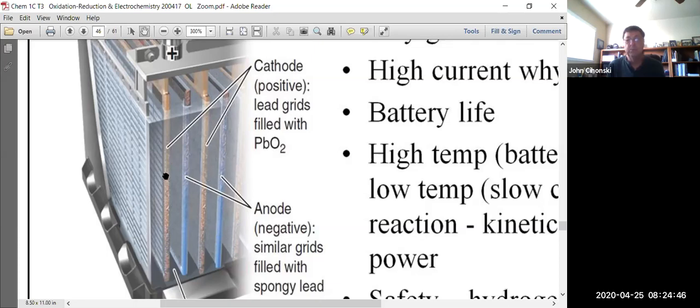And then in between, what we have are panels or grids that are filled or contain lead dioxide. So each pair of these grids, one and one, would be a cell. This would be like our two beakers, and we would have lead on one side, lead dioxide on the other, okay? Now, with that in mind, let's answer some questions.